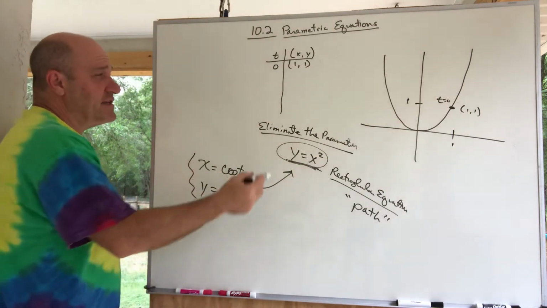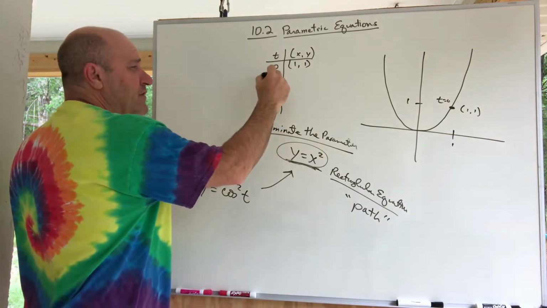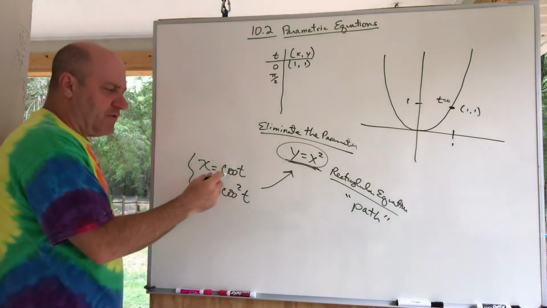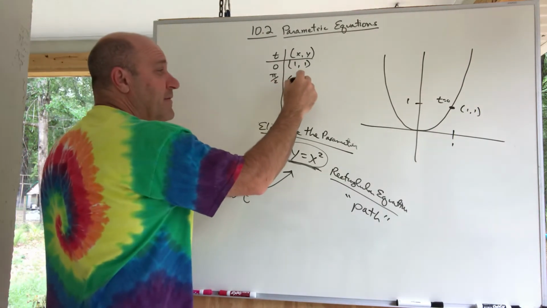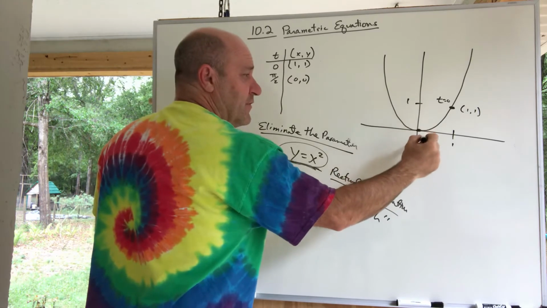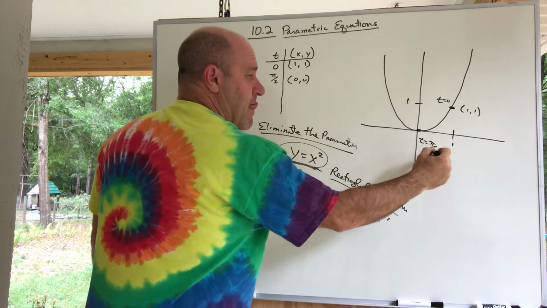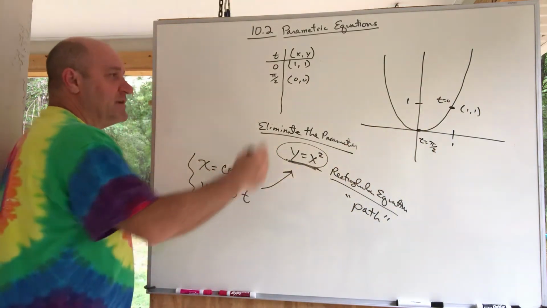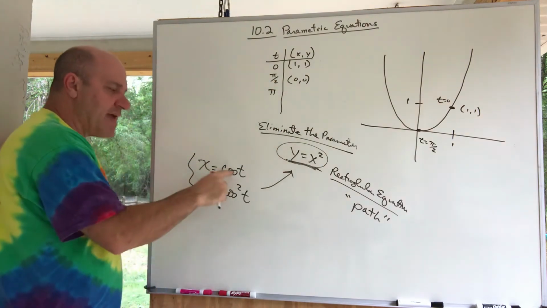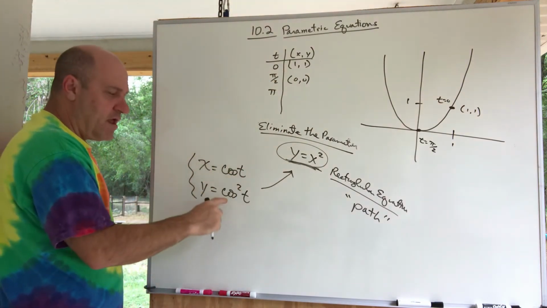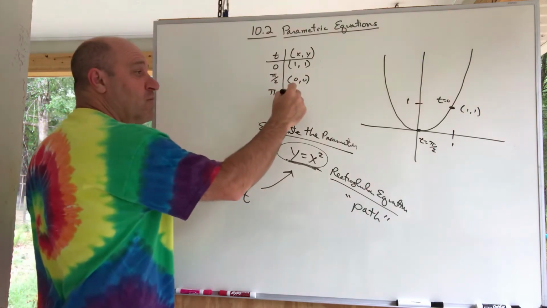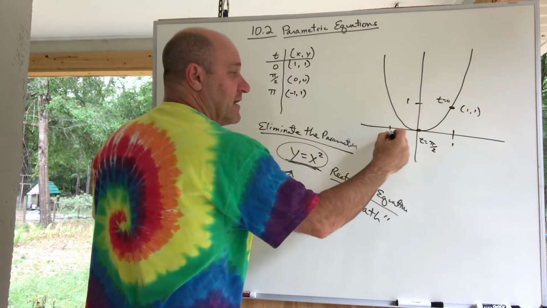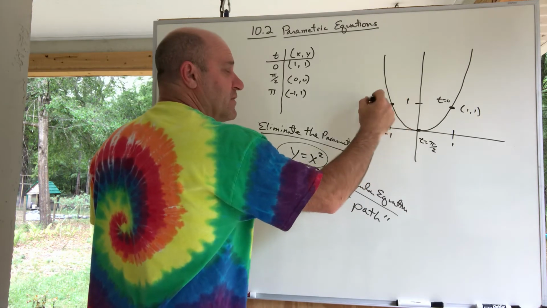When t is pi, or pi over 2, let's try pi over 2. When t is pi over 2, the cosine of pi over 2 is 0, so I'm at 0, 0. So here I am at pi over 2. What about when t is pi? When t is pi, the cosine of pi is -1. When you take -1 and square it, it's +1. That's -1, 1. There you go. When t is pi.